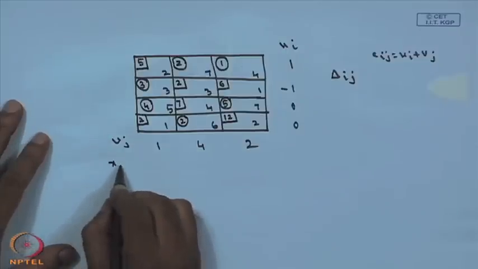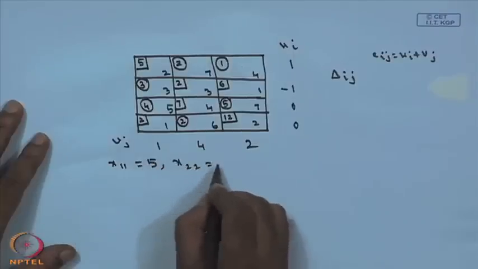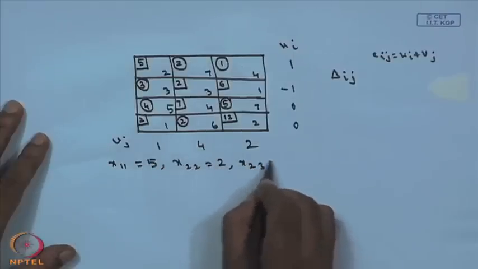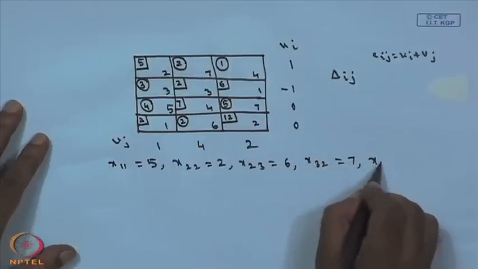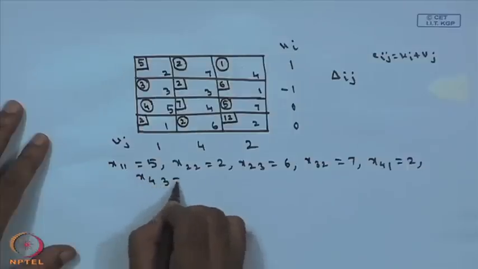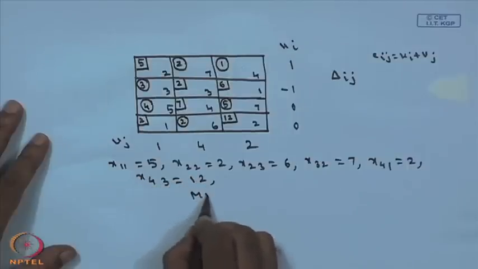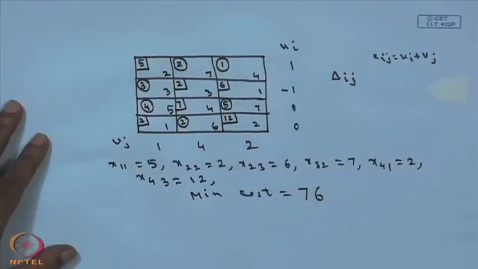The optimal solution can be written as x11 equals 5, x22 equals 2, x23 equals 6, x32 equals 7, x41 equals 2, x43 equals 12, and the minimum cost, if you calculate, will now become 76.